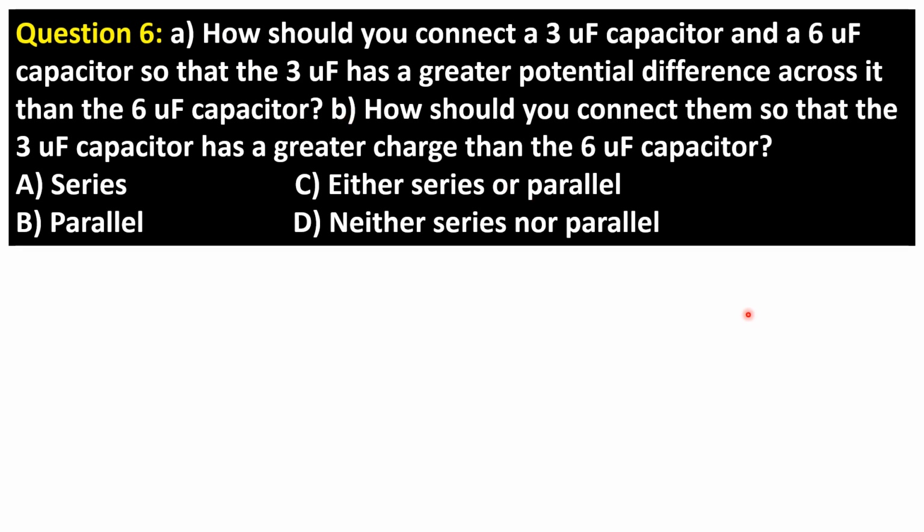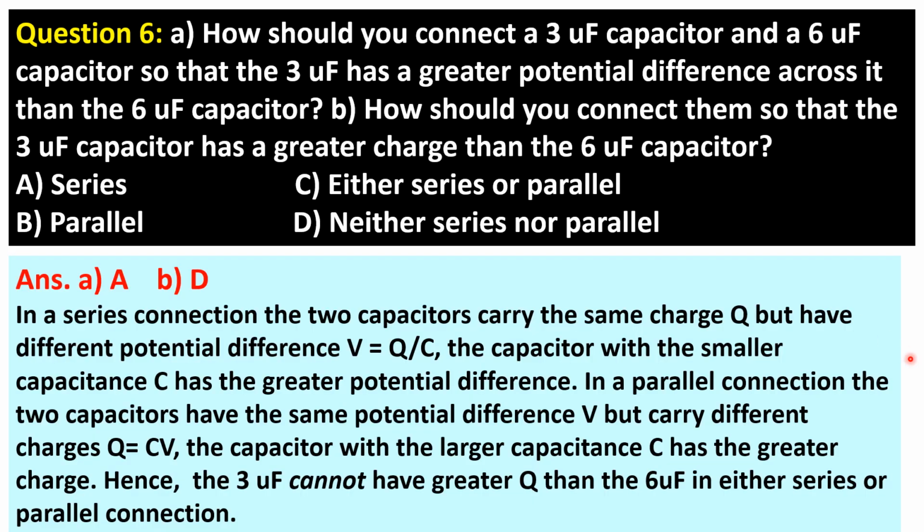All right, so the answer is, let's first go to the explanation. In a series connection, the two capacitors carry the same charge Q. So in series, the charge Q is always constant, but they have different potential difference. And this potential difference is described as V is equal to Q over C, right?